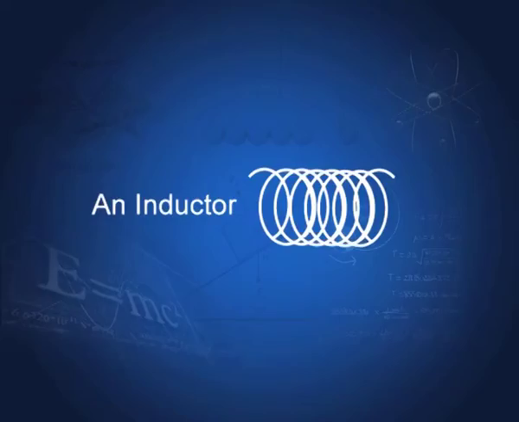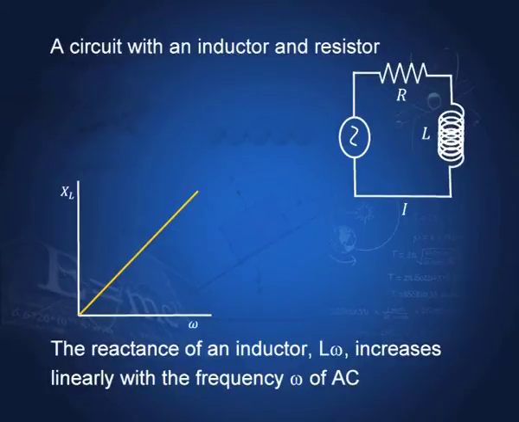The circuit element, an inductor, is shown like a coil, and a resistor is shown like this. Here I have shown both the resistor as well as the inductor, and X L versus omega: X L is L omega, therefore, it increases linearly with omega.